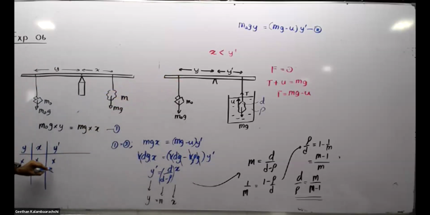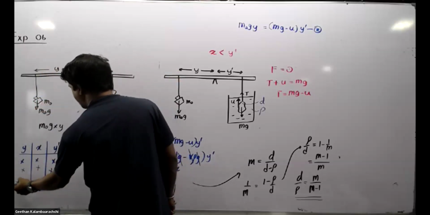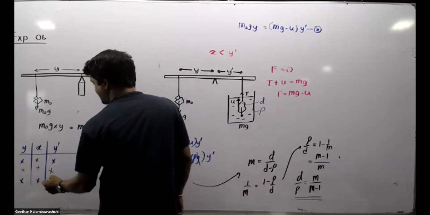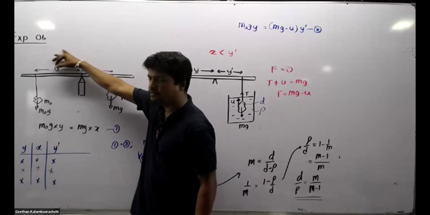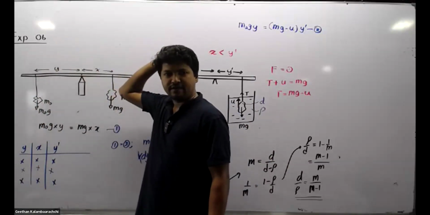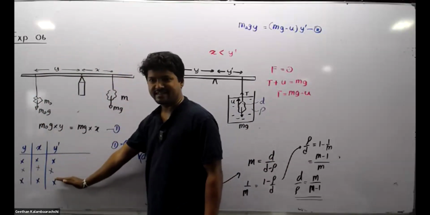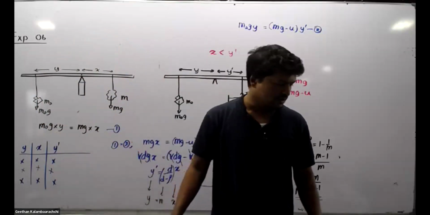You write that too. Then again you change y, and keeping that y the same, you get an x and y dash. That's how you carry on. So for each and every change that you make in y, you get a set of readings. Then you change it and go to the next reading set. Okay? Is it clear? Many people forget this.